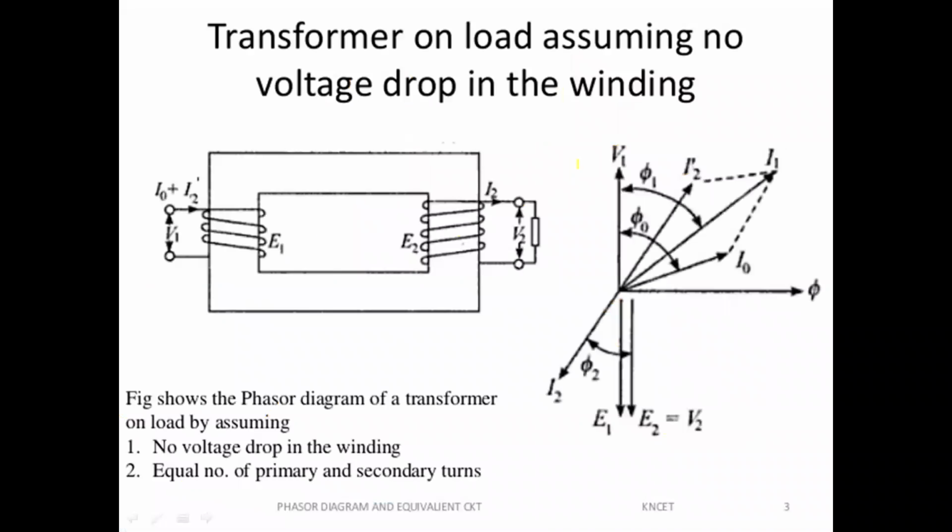Now this is the transformer phasor diagram. Generally a transformer has two coils: this is the primary coil, which is copper wire, and this is the secondary coil. These coils have some resistance and inductance. Suppose the primary has resistance R1 and reactance X1, so jX1. Similarly the secondary has R2 and X2. So Z1 equals R1 plus jX1, and Z2 equals R2 plus jX2.